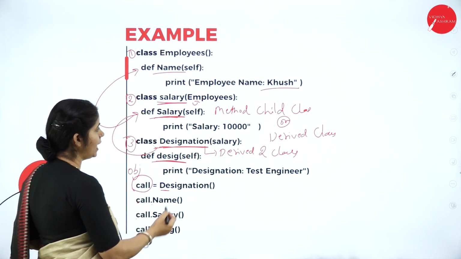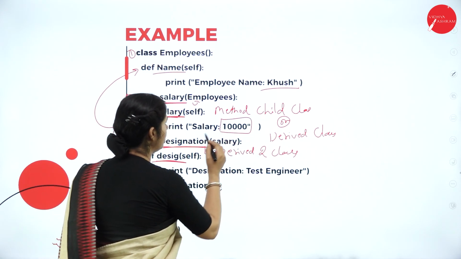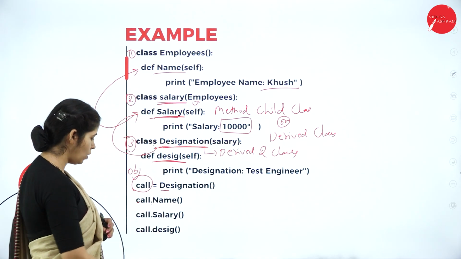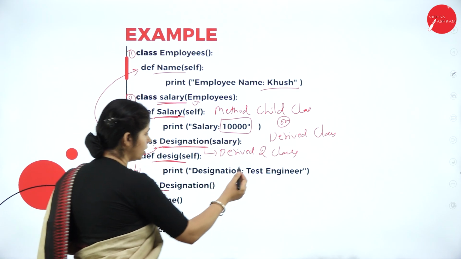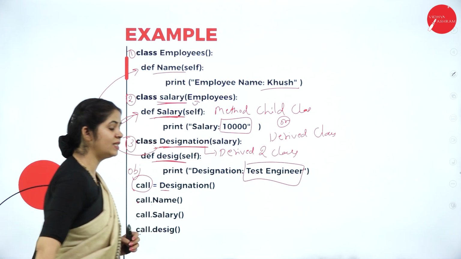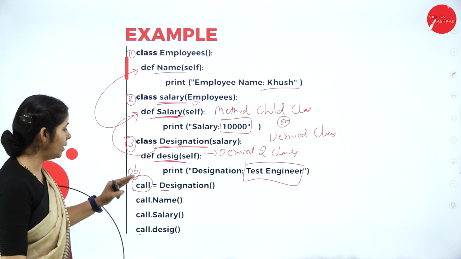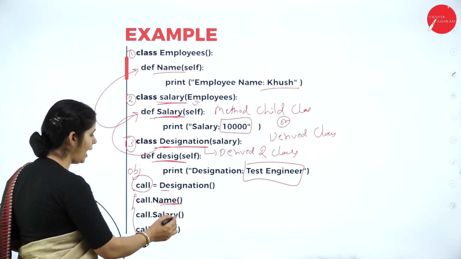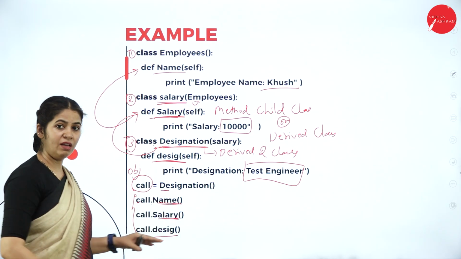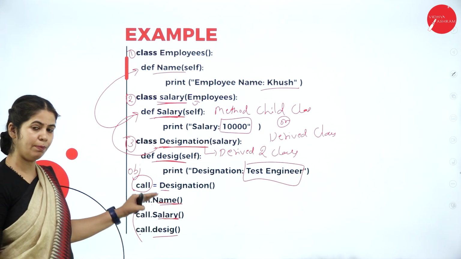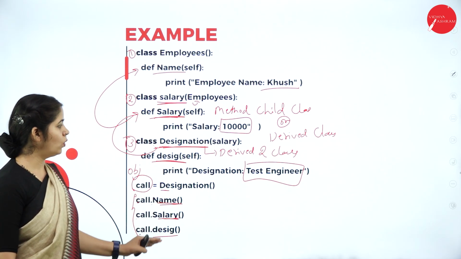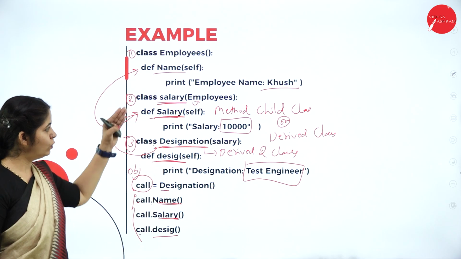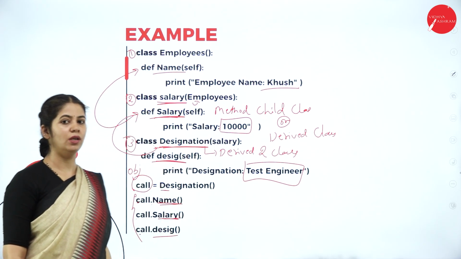Then call.salary gives a result of 10,000. Call.designation gives test engineer. This is the output when we call these methods of the base class and the derived classes: Kushal, 10,000 and test engineer.